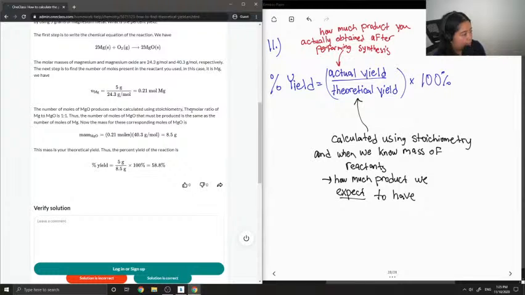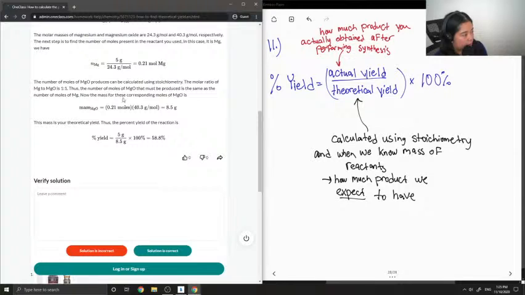Okay, so then they can calculate the number of moles of magnesium oxide that is produced. We know the molar ratio is 1:1. Thus, the number of moles of magnesium oxide that must be produced is the same as the number of moles of magnesium. Now for the mass for these corresponding moles is 0.21 times 40.3 gives 8.5 grams.